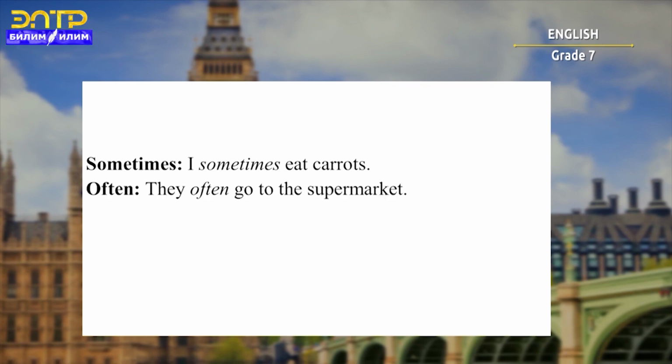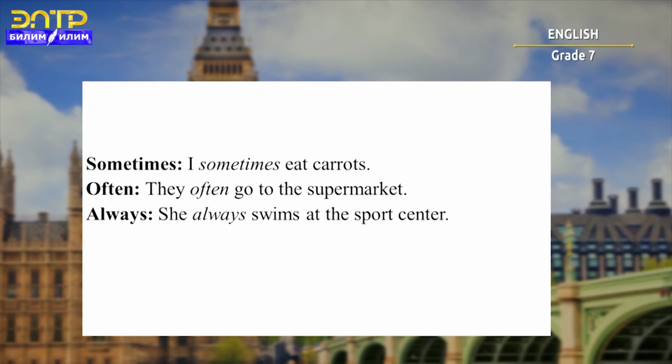Now look at the examples for these words. Example for sometimes. I sometimes eat carrots. Often. They often go to the supermarket. Always. She always swims at the sports center.